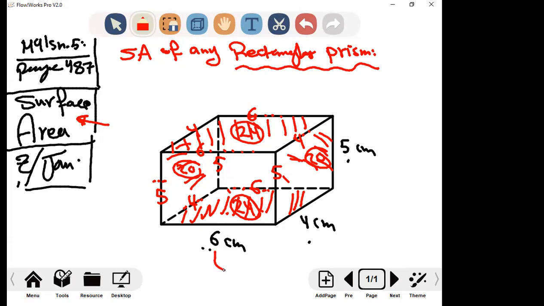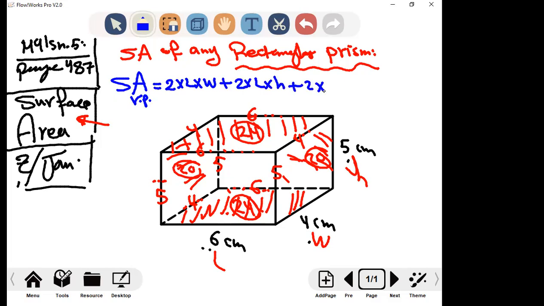If you have length, width, height, you can find it. The surface area of a rectangular prism equals 2 multiply length multiply width plus 2 multiply length multiply height plus 2 multiply width multiply height.